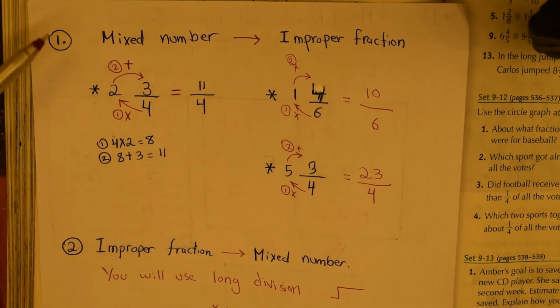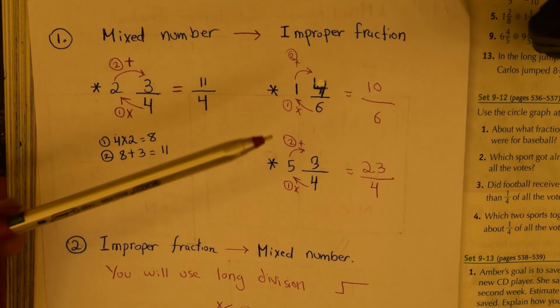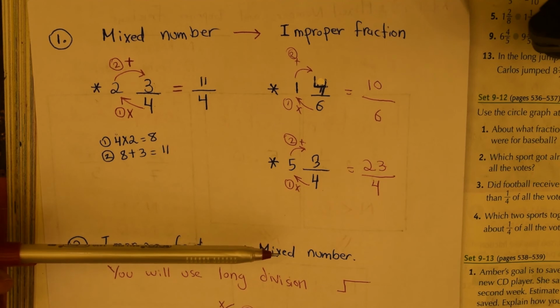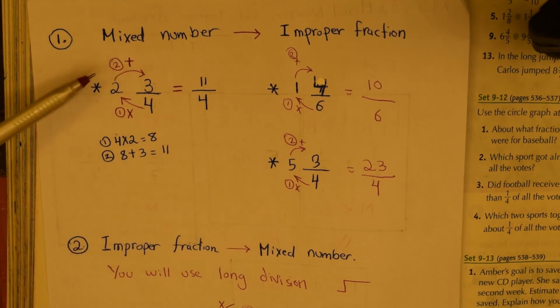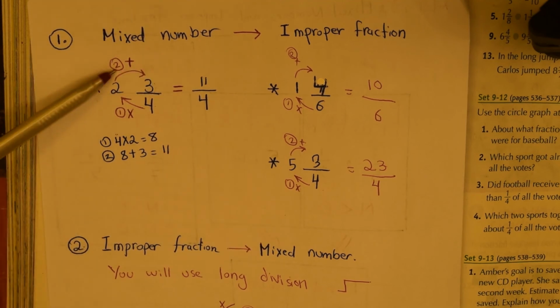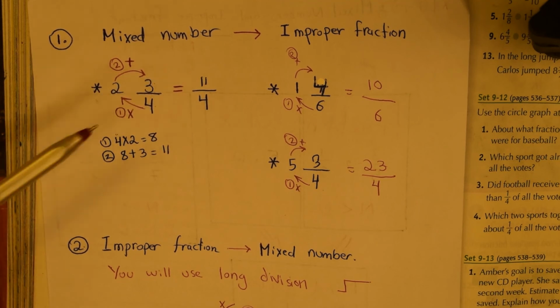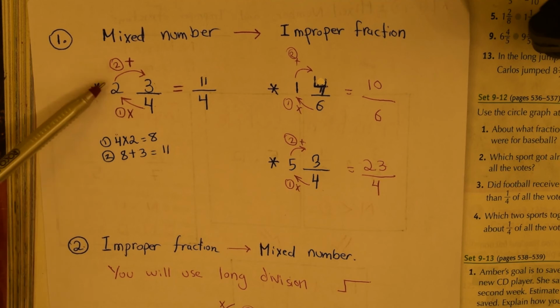So here for number 1, we will have a mixed number and we will find the improper fraction, and for number 2 we will have the improper fraction and we will find the mixed number. We said before that if I'm given the mixed number, I have here whole and fraction. How can I find the improper fraction? I will multiply the denominator by the whole.